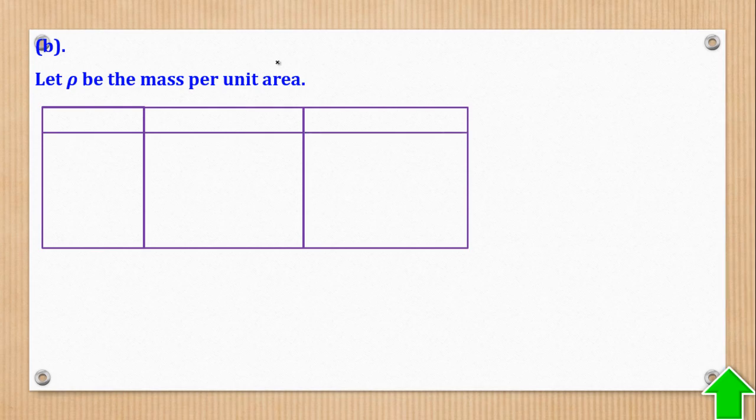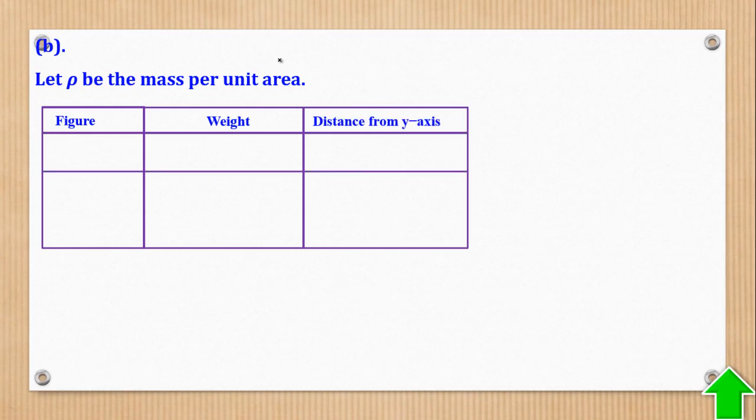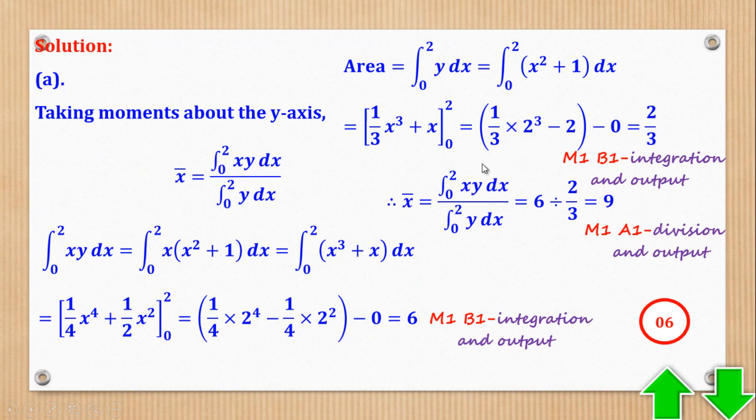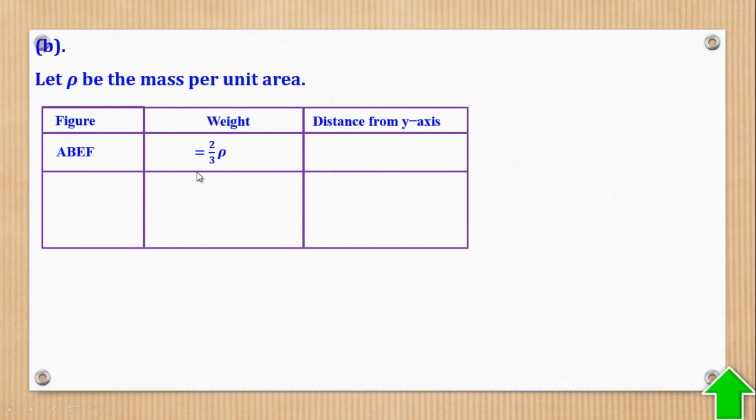So let's first tabulate something to help identify how to take moments. For figure ABEF, let's get where the weight is coming from. Remember, rho is weight per unit area, so my aim is to get the area. The area is 2/3, so when I multiply it by rho I get the weight. That weight is got by area times rho.